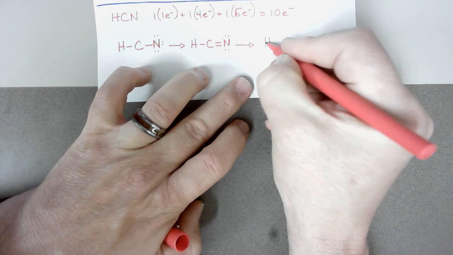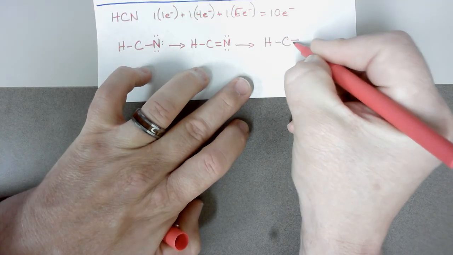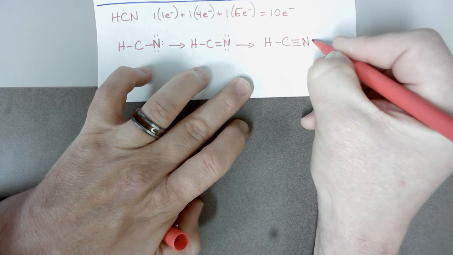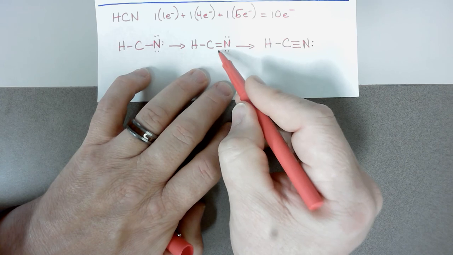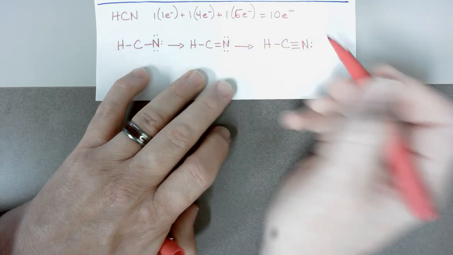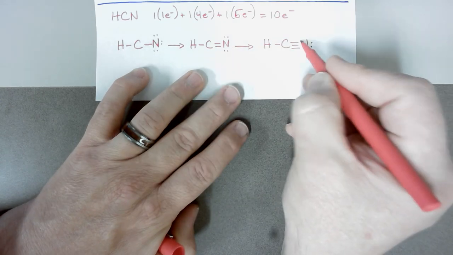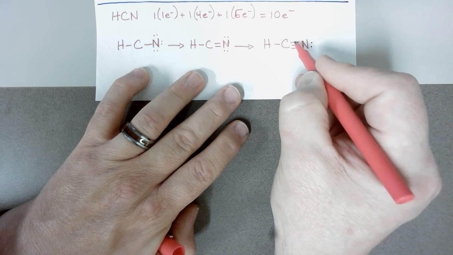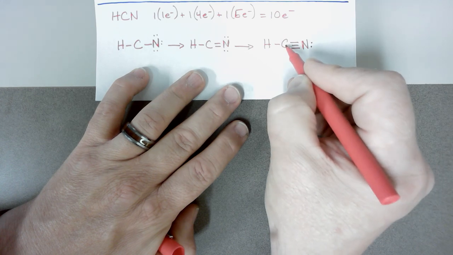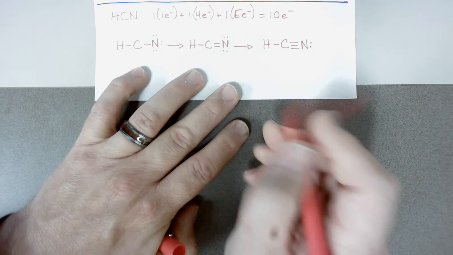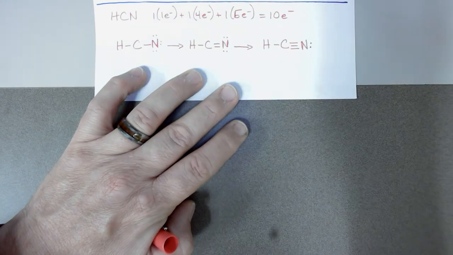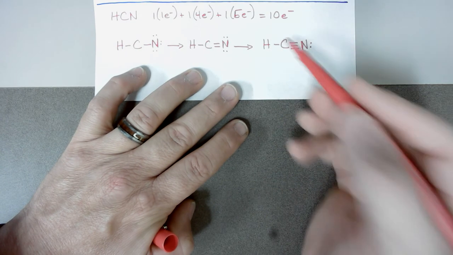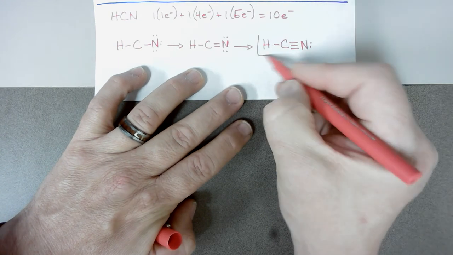So I'm going to have H, C, triple bond, N, lone pair. Because I only took one of the lone pairs and shared it. So we have 2, 4, 6, 8 for the nitrogen, 2, 4, 6, 8 for the carbon, and 2 for the hydrogen. So this is the correct structure.